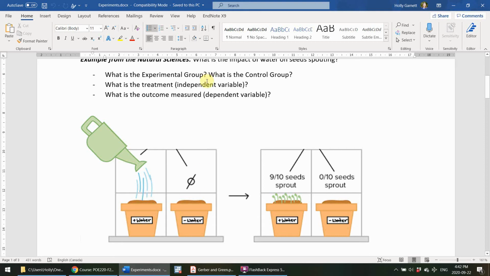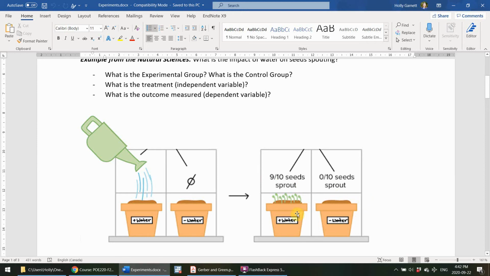The treatment here, in this case, the independent variable is the treatment. Usually that's the case. The treatment is the water. So we believe that adding water is going to lead to more seed sprouting. So the outcome that we're measuring is the number of seeds that have sprouted. That's our dependent variable. In this case, we see that the one that got water has more seeds that sprouted than the one that did not get water.